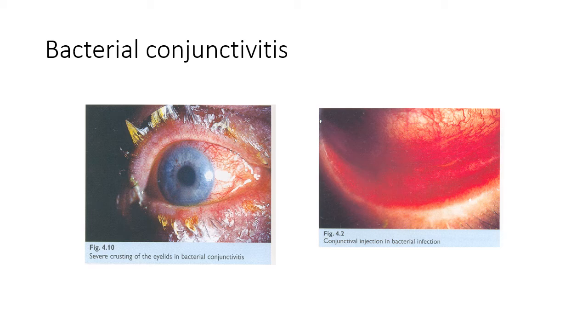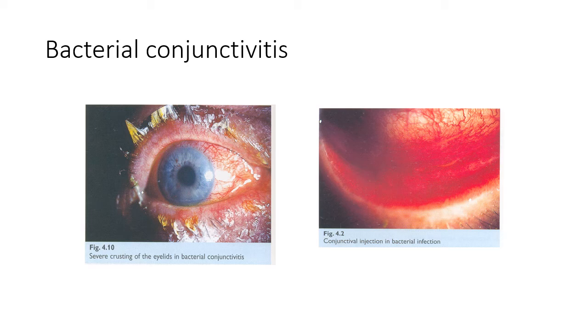Conjunctival discharge consists of tears, mucus, inflammatory cells, desquamated epithelial cells, fibrin and bacteria. If the inflammation is very severe, there is diapedesis of red blood cells and there can be a blood stained discharge from the conjunctiva.